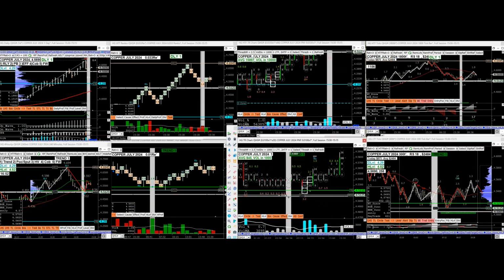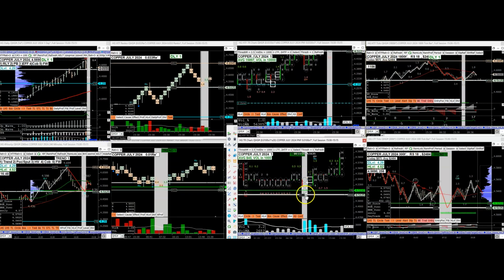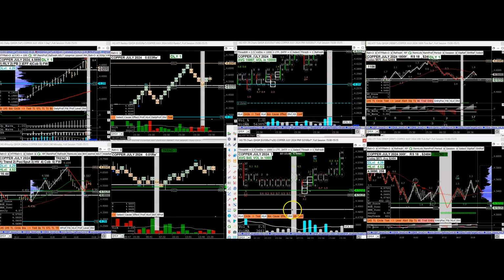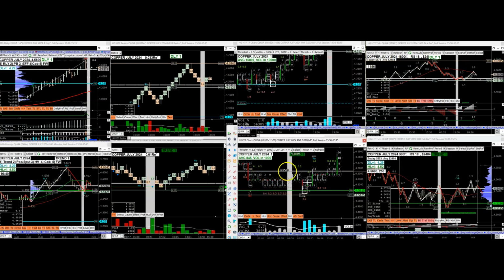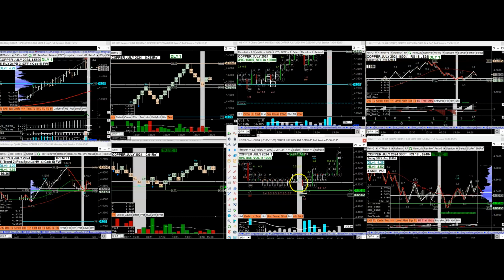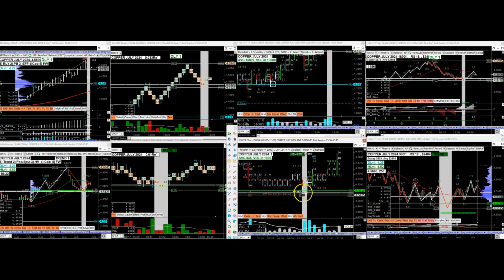As it's testing support, as it's tagging the low, look at here. Volume on top of volume on top of volume. This is the base. This is the accumulation. This is sideways accumulation, but they really bought as much as possible here.